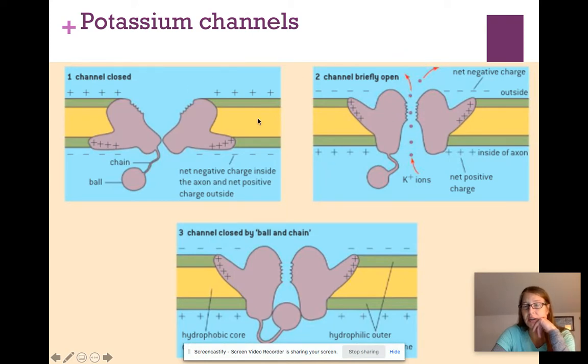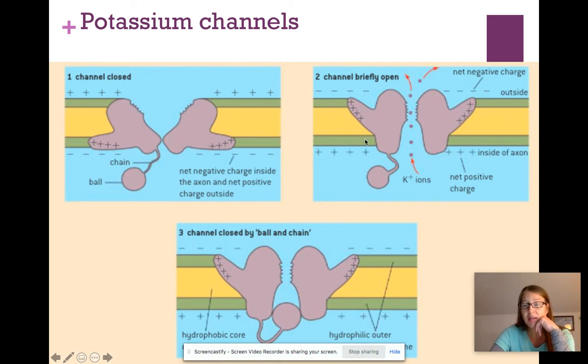This is the part that you need to be able to explain. There's some other funky ball at the end that can stop the ions from flowing through, but for these first two, the channel is closed because the positive amino acids on that protein channel are attracted to the negative inside of the neuron. When that neuron fires, when the signal is being sent down the axon of a neuron, the charges on the outside and inside of the cell change place.